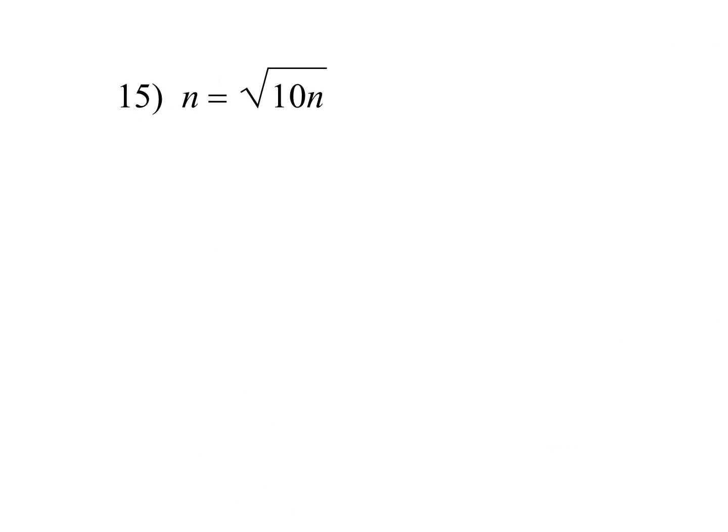Okay, radical by itself, what can we do right away? Square it. So we have n squared equals 10n. We have an n squared, so what do we need to do? If we have an n squared, we want to get everything on one side. So I need to subtract 10n.